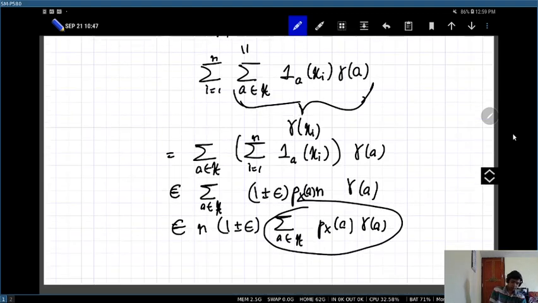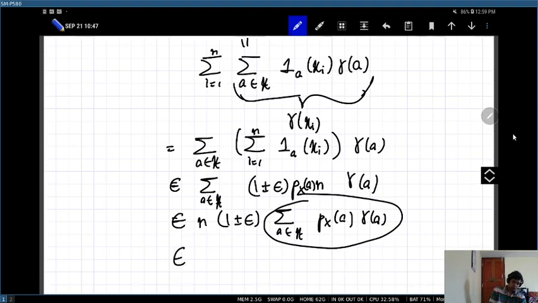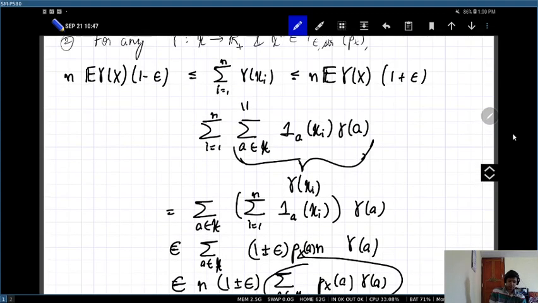So this is in the range n times 1 plus or minus epsilon of the expected value of gamma, right? Okay.